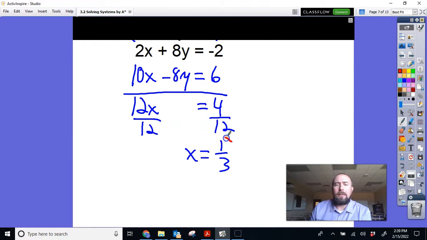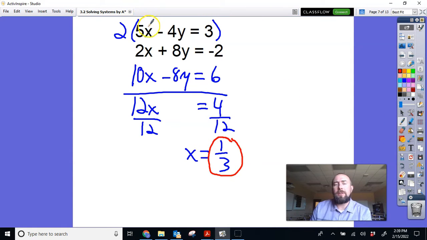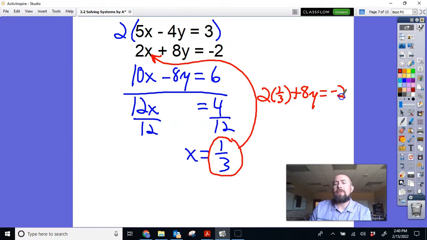So now, basically you turn this back into the substitution method. You could go all the way back to your first equation if you wanted to. You could come to your new first equation if you wanted to. Or you could take this and plug it into the second equation. That's the one that I personally would plug it into. 2 times 1/3 plus 8y equals negative 2.